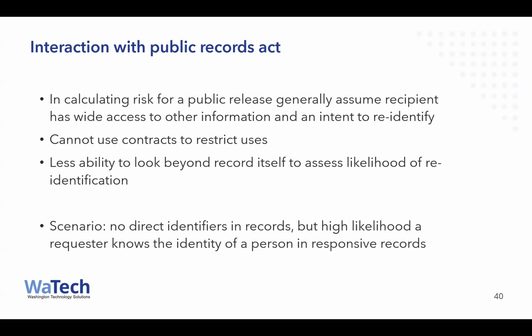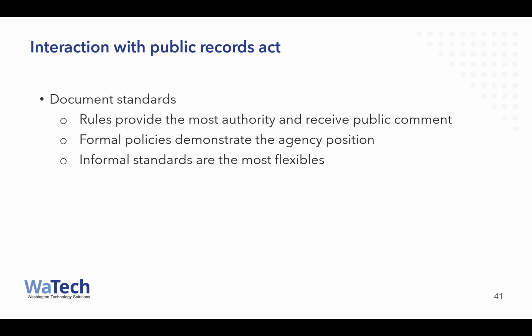It does require some discretion, and I just want to call it out as an area that does have unique considerations. One thing that you can do to help with this is to make sure that whatever de-identification standards you're using in the public records context are documented. There are various levels of formality around this. At the most formal, if you have gone through the rulemaking process, then that would give you the most authority to rely on if you get questions about why you're de-identifying in a certain way.